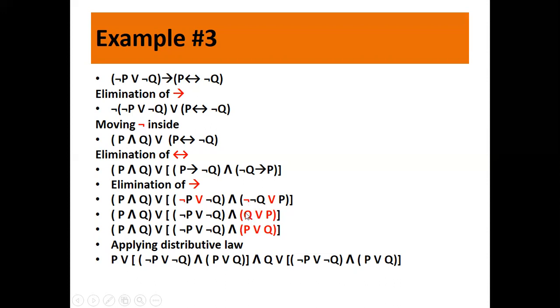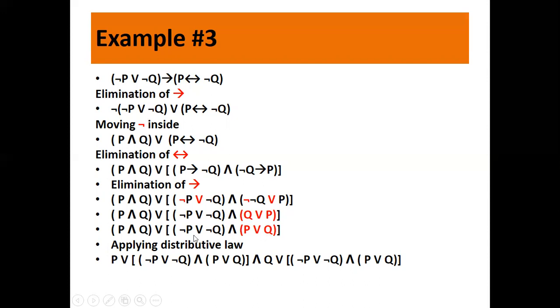Q. So it will be Q or P, rest of the statement remains the same. Now, Q or P is the same as P or Q, so to make the formula a little bit uniform, we just write it as P or Q. Again I repeat, Q or P is the same as P or Q. So we are just rewriting this Q or P as P or Q. So you get uniformity in the formula.